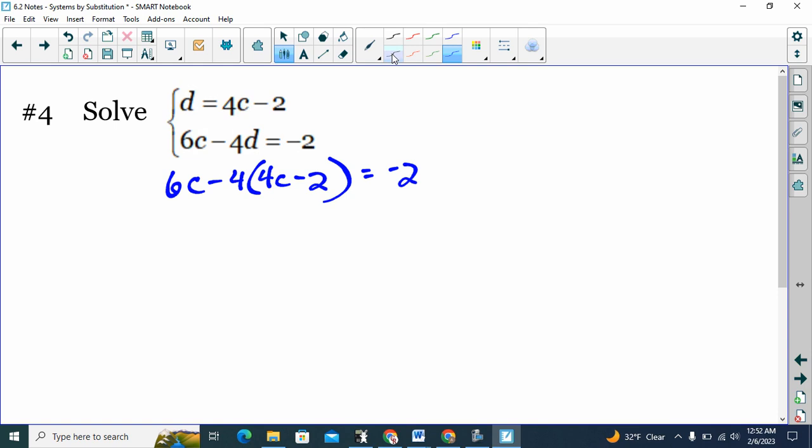Now we distribute. I've got this 6c instead of negative 4 times the quantity. We're going to distribute this negative 4. Negative 4 times 4c is negative 16c. Negative 4 times negative 2 is positive 8.